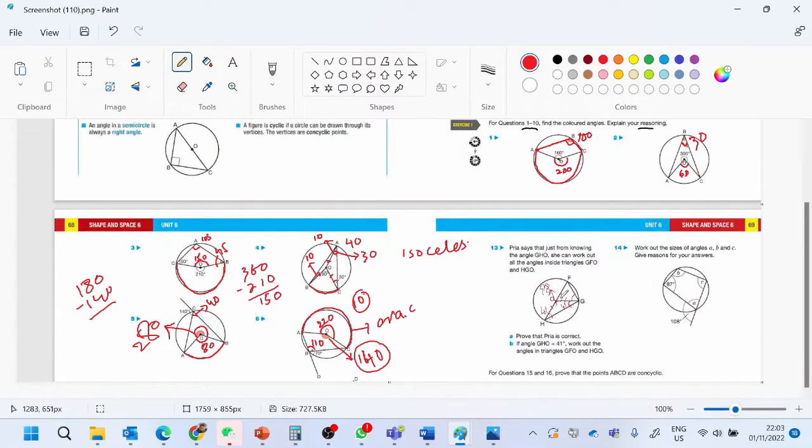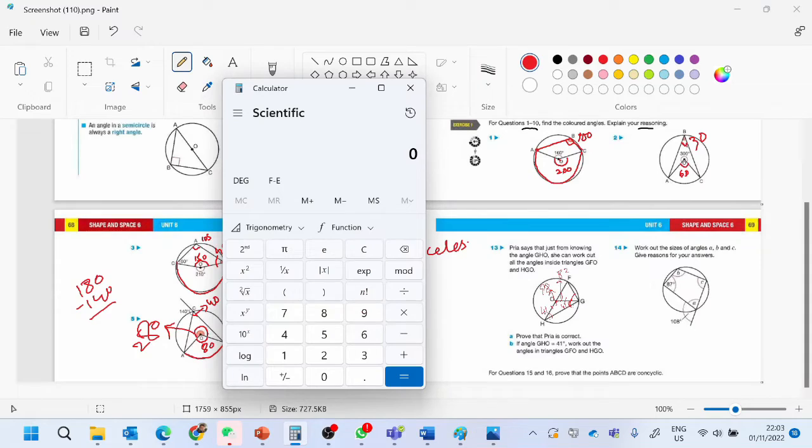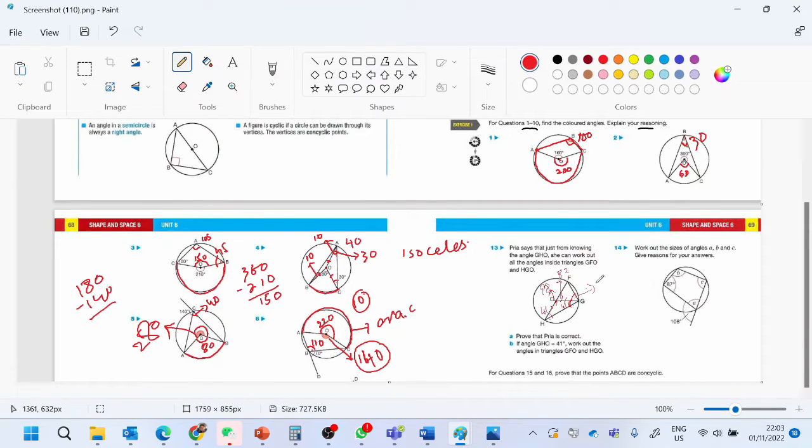This angle is 82, and this whole angle is 90, because in a semicircle the angles are 90. So if this angle is 41, we can subtract 90 minus 41, and this gives us 49.